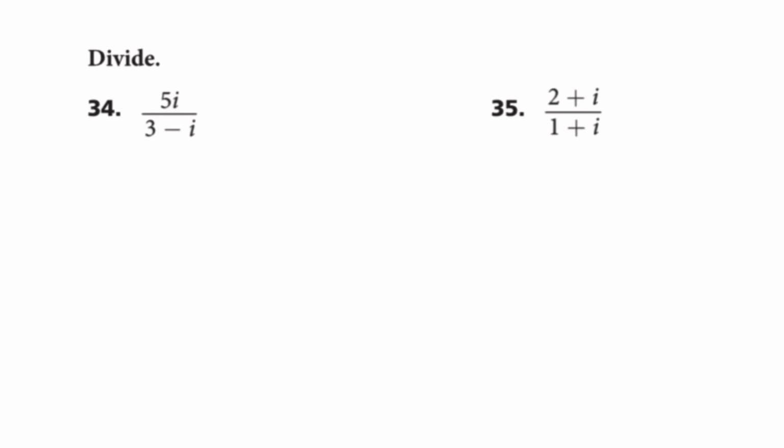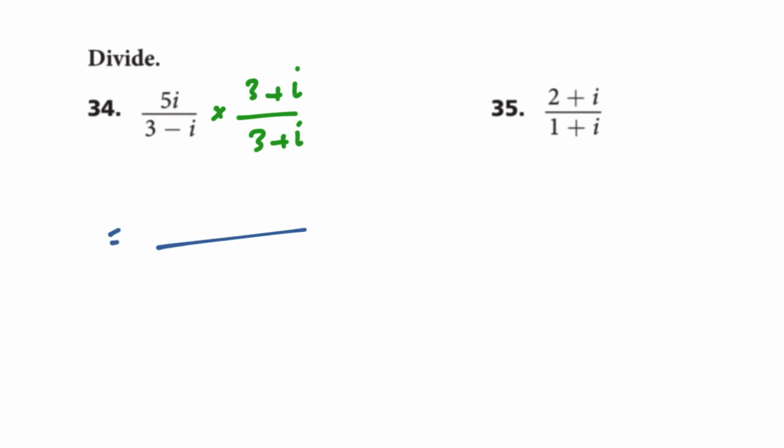Division of complex numbers. In math, in the denominator is not allowed to have i. So we need to get rid of i. So I'm gonna multiply by a fraction, which is the conjugate of 3 minus i. And the conjugate is the same with opposite sign in the middle. So I will be multiplying by 3 plus i up and down.